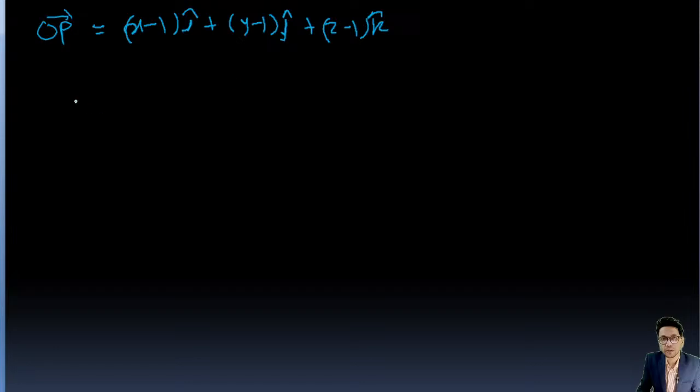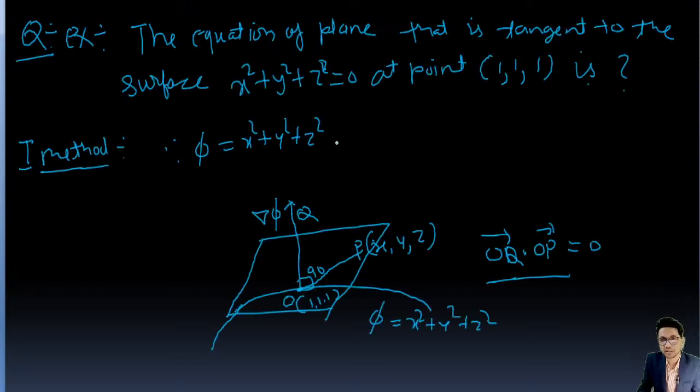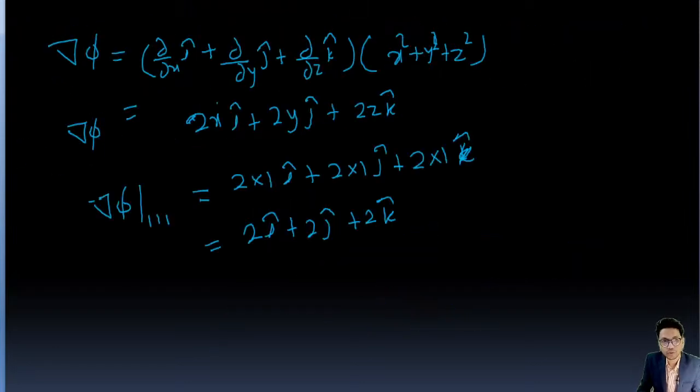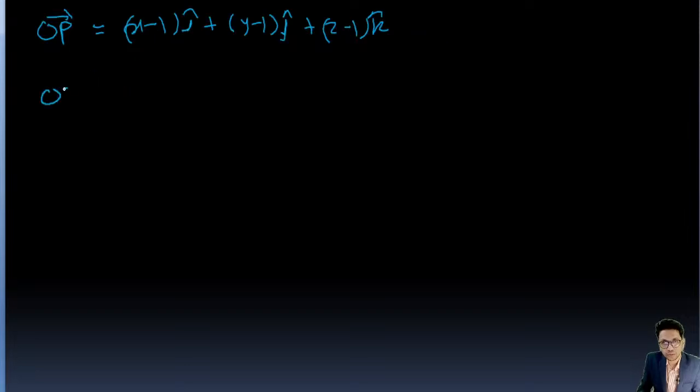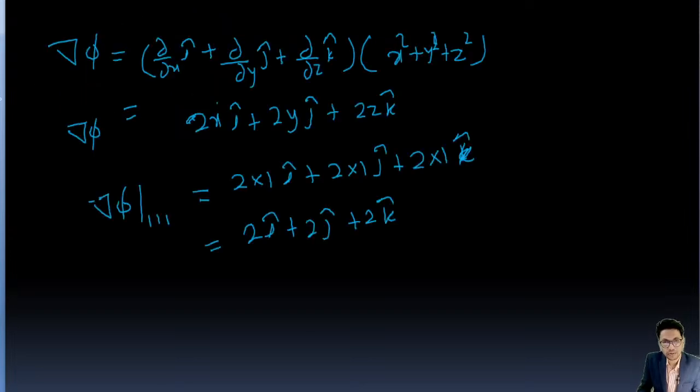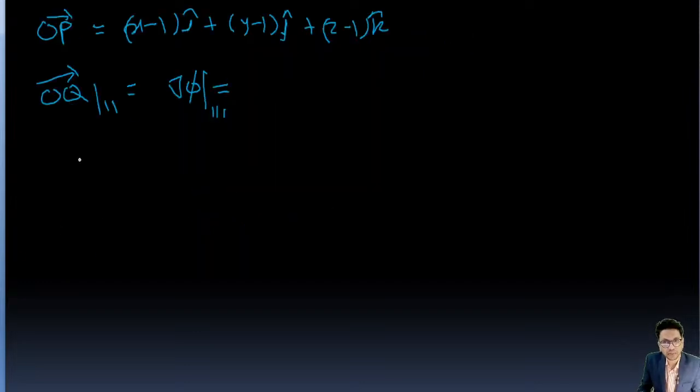And now vector OQ, that is the gradient of phi at 1, 1, 1, that value we have already found, and it is 2 i cap plus 2 j cap plus 2 k cap.